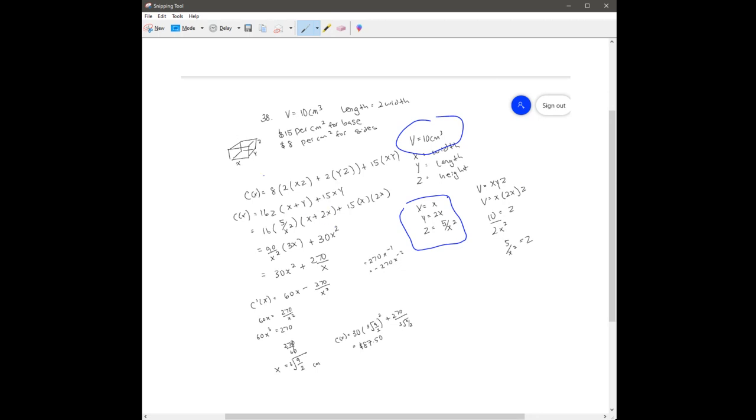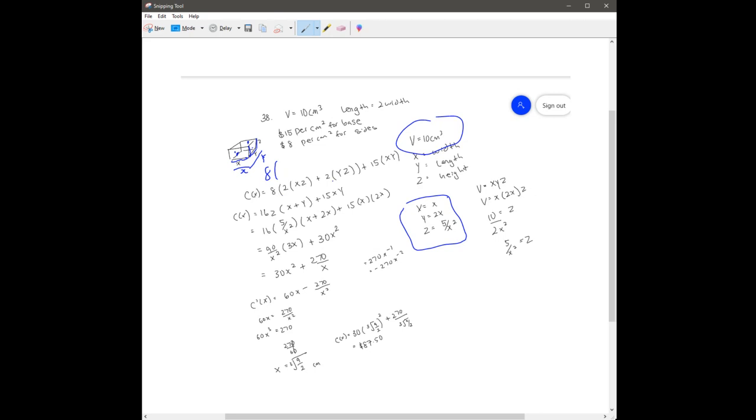So first, it's 8 times the area of the sides, which is 2xz plus 2yz, these two, and then we add the cost of the base, which is the area of x and y.